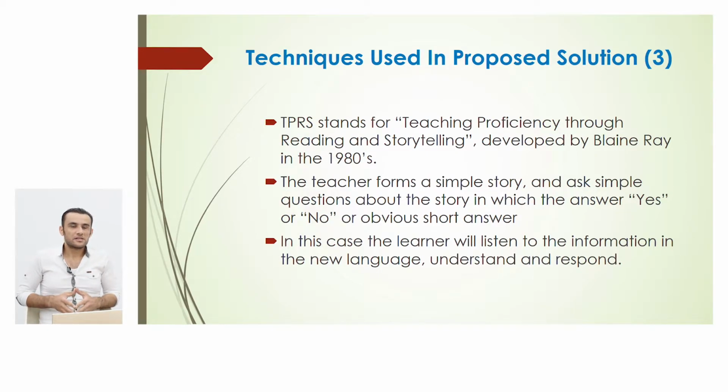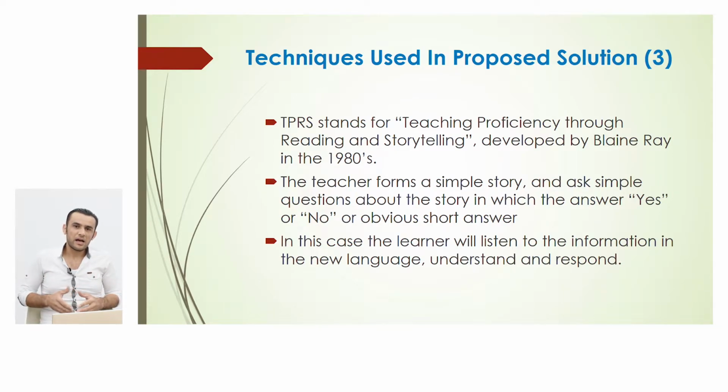TPRS stands for Teaching Proficiency through Reading and Storytelling. This way, in teaching foreign languages, relies on the teacher forming a story. It has to be at least 80% of the words that are known by the child.